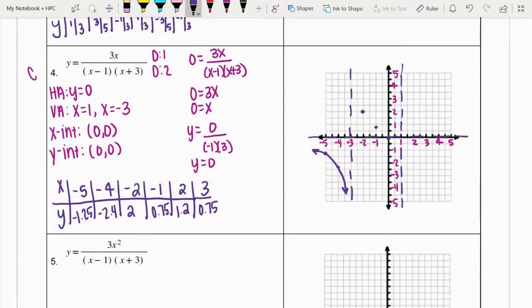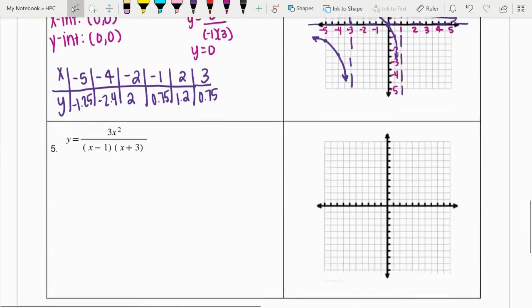And then here we're at 0, 0. Okay, at 2, I'm at 1.2. And then at 3, we're at 0.75. Okay.